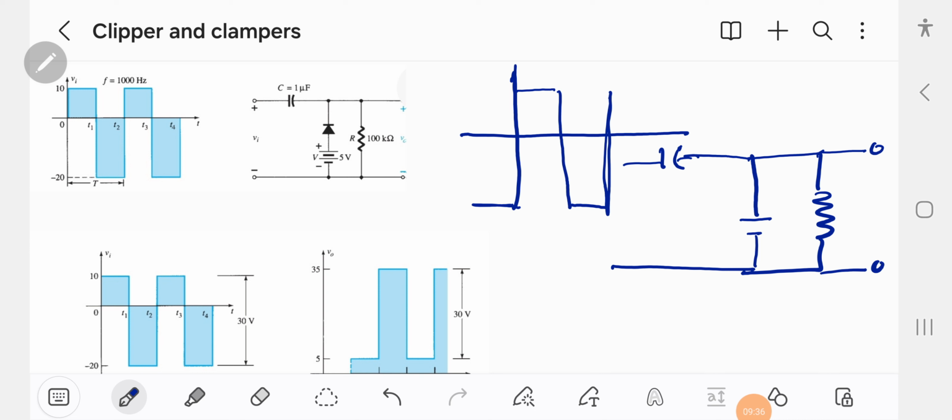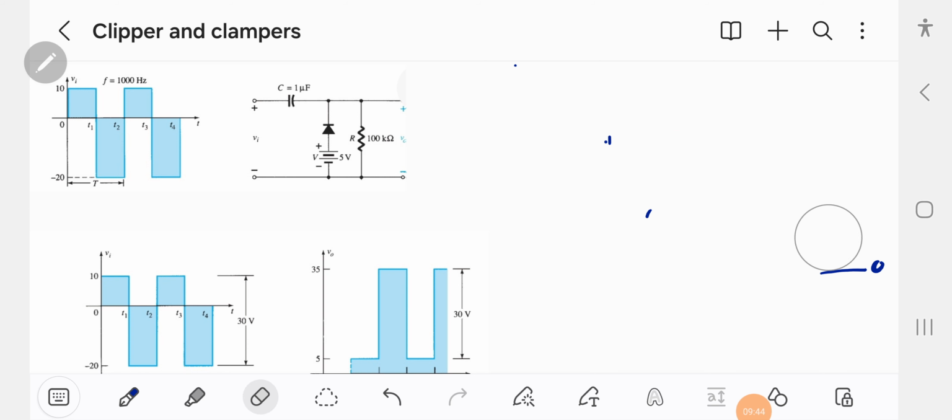When the diode is on, this capacitor will start charging for the negative swing. So the negative swing has an amplitude of minus 20 volt.